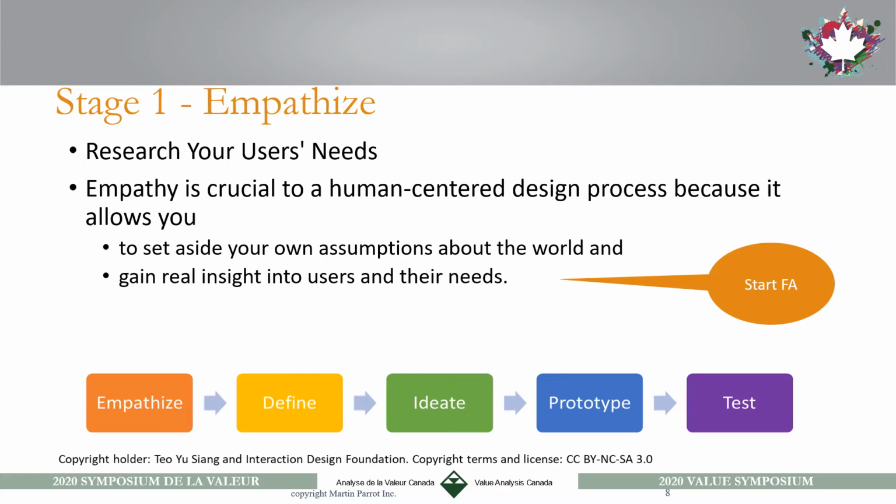And it's very important to have that empathy, to understand what the problems are, and to set aside your own assumptions to really understand the real insight into users and their own needs. And this is where function analysis starts in our value engineering process. What are the functions that we want to achieve to fulfill the needs?